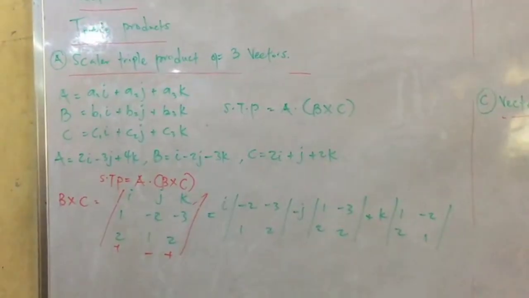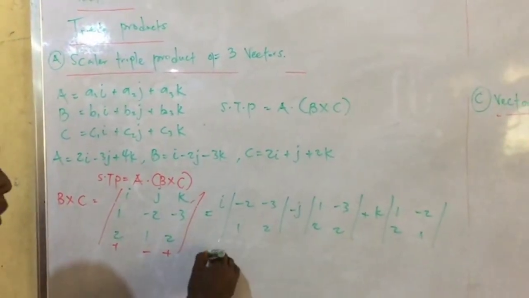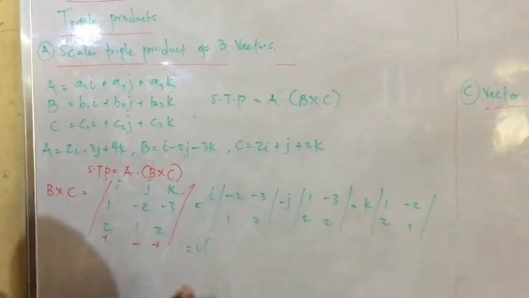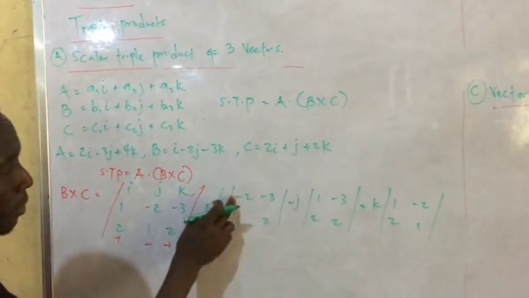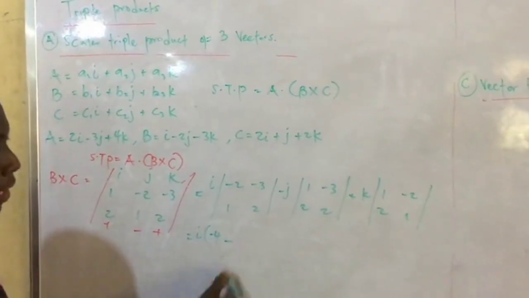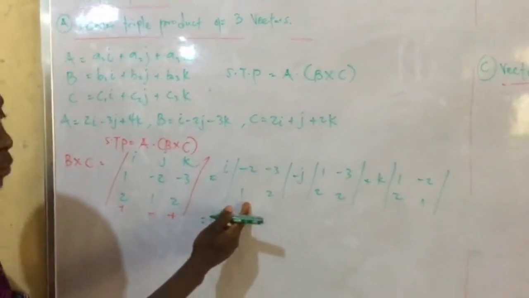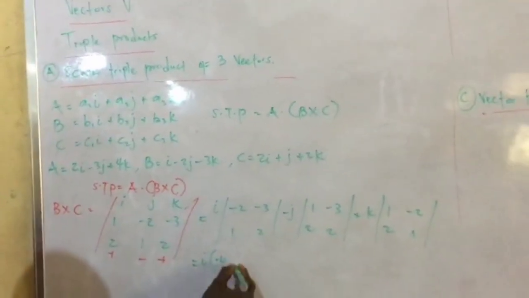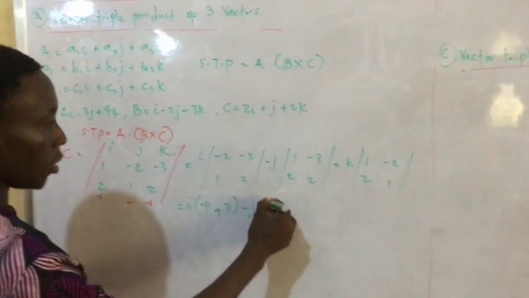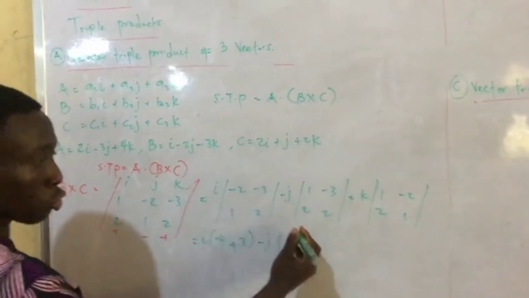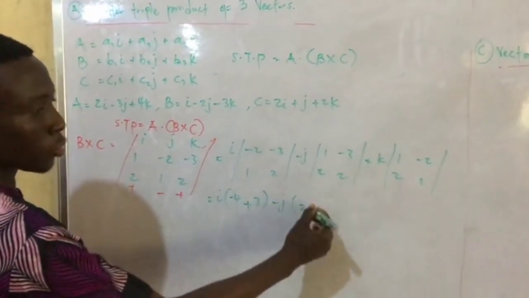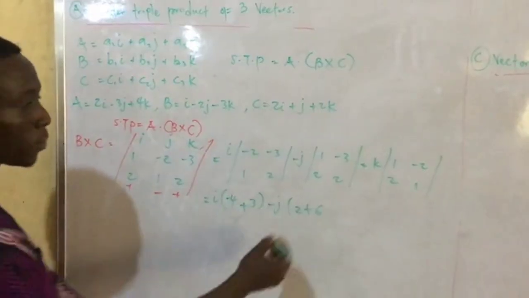So basically, we can solve for that. For I, we multiply this by this, then minus the product of this and this. That's the rule for determinant. So minus 2 multiplied by 2 is minus 4, then minus minus 3 multiplied by 1, which is minus 3, so this changes to plus automatically. Here we have minus J into bracket: this multiplied by this gives us 2, then minus minus 6, which changes to plus 6, because minus times minus is plus.